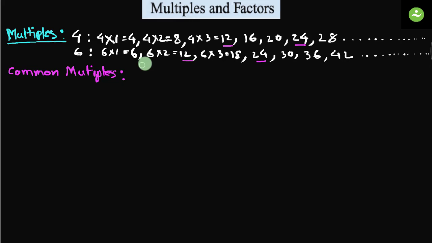So what are the common multiples of 4 and 6? First one is 12, the next one is 24.